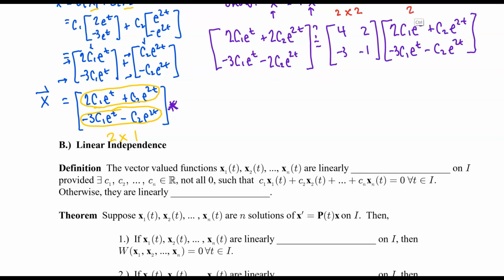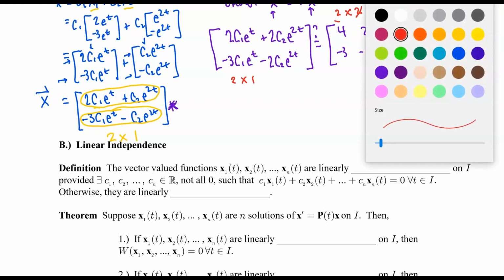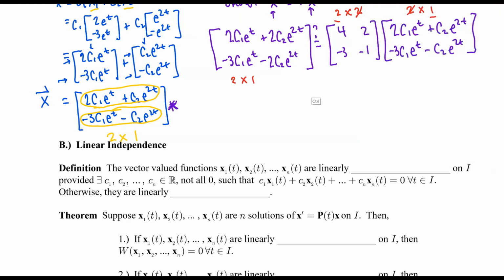The column vector of solution has 2 rows and 1 column. So the product is going to be 2 by 1. And that's good because over here I have a 2 by 1 column vector. So anticipating that the result is 2 by 1, we're going to have 2 rows and only 1 column.